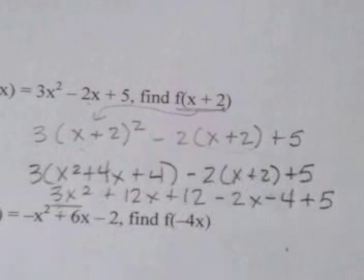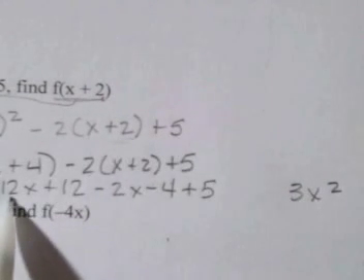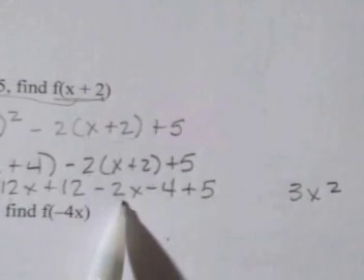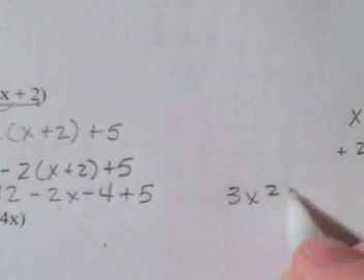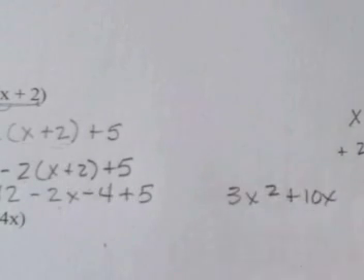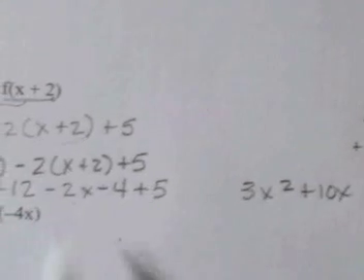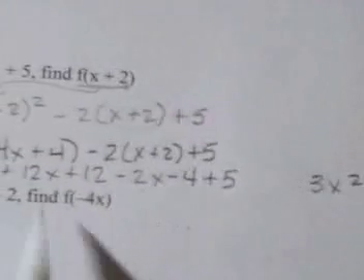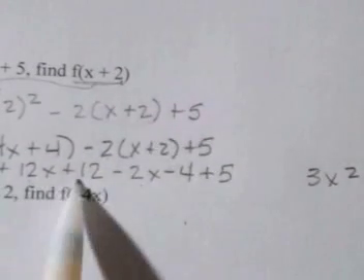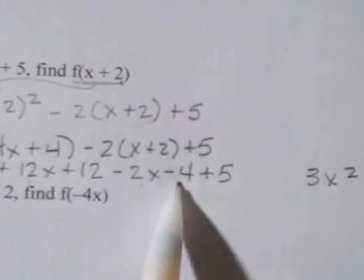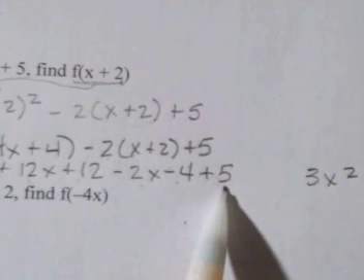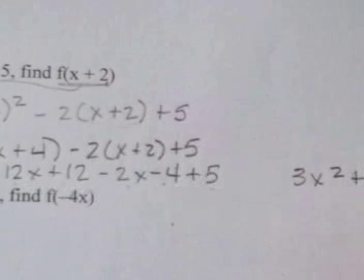I don't have another x squared, but I do have 12x minus 2x, which gives me 10x. And I also notice that I have some constant terms: 12 minus 4 is 8, plus 5 is 13.